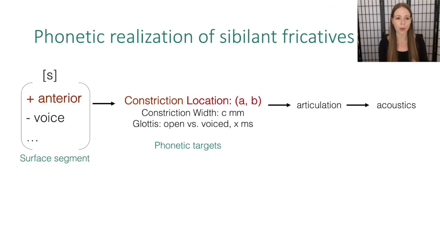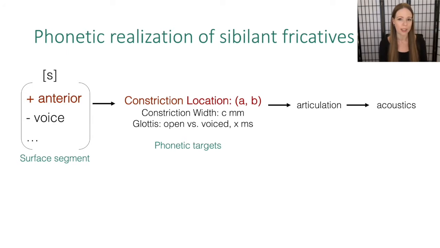In American English, we have the sibilants sa, za, sha, ja that we'll be working with. First, we're just going to focus on the phonetic realization process for sa as an example. So on the left-hand side, we have the phonological surface segment with some relevant distinctive features that might be part of the bundle here.